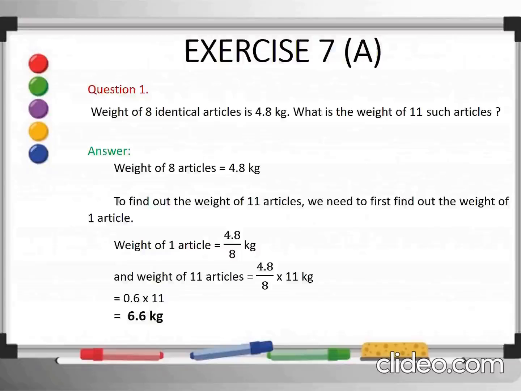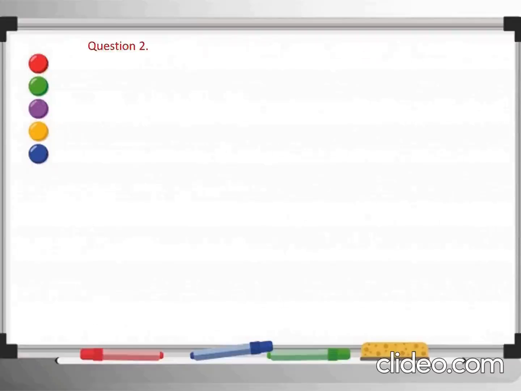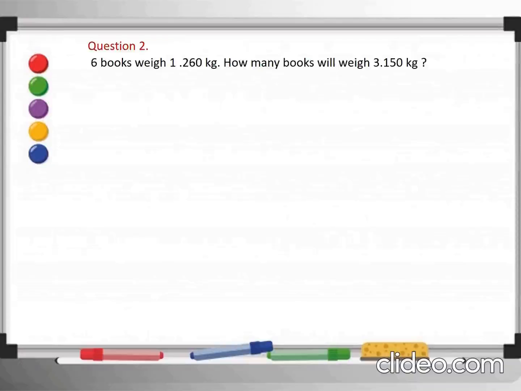Now next question, question number 2. 6 books weigh 1.260 kg. How many books will weigh 3.150 kg? Here the number of books in 1 kg 260 gram or 1.260 kg is 6 books.